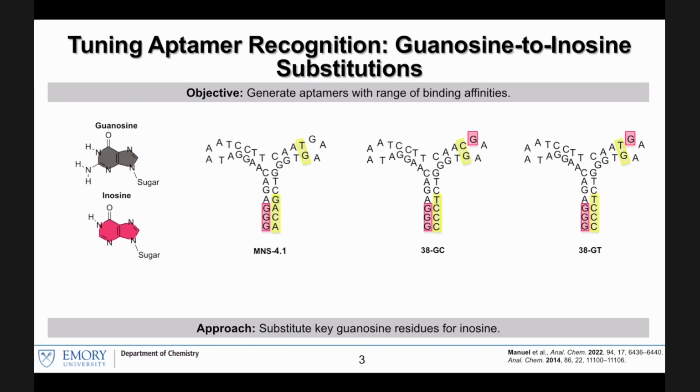But you showed that you could do a range of binding affinities. What does that let you do? I don't want to say what's the application, but what does that allow you to do in a more practical sense? What's the bigger picture interest in that?